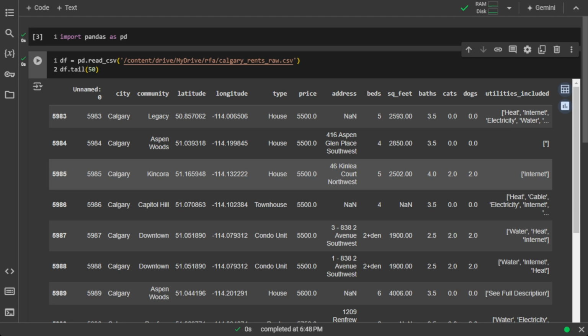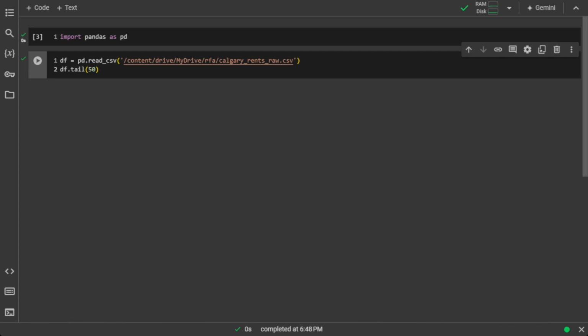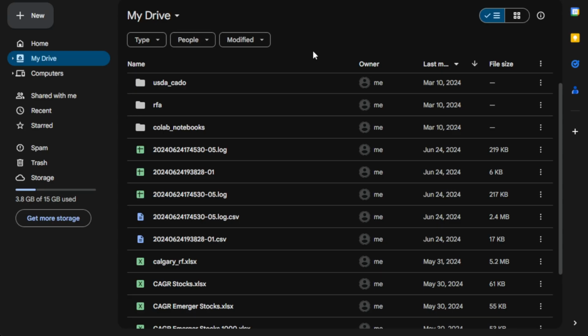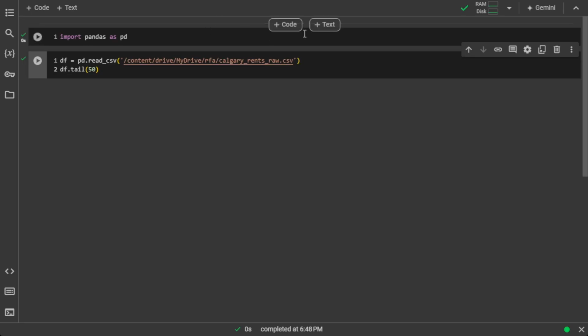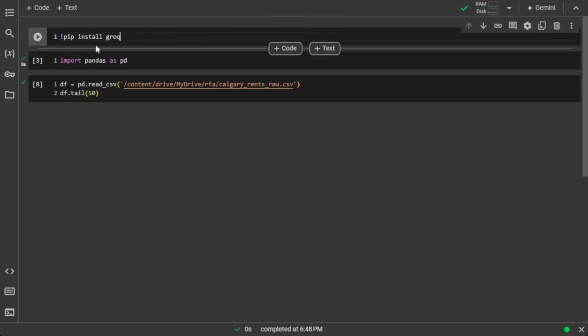We will be using large language models through Groq, and we'll be applying it to Calgary rental rates. We'll be using very similar data to some of my other recent videos, so check them out, and let's get to it. Okay, so the first thing that we're gonna do is install Groq.